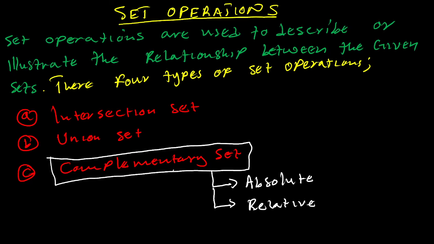When you talk of the intersection set and the union, I'm just trying to summarize everything, colleagues. The symbol for intersection is that. The symbol for union is that. And for these 2, the symbol is this complement.